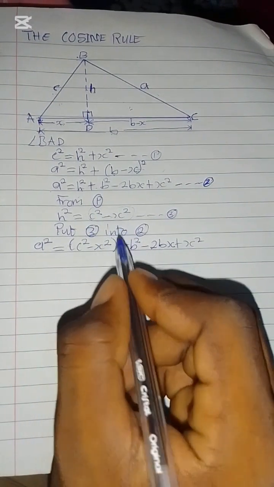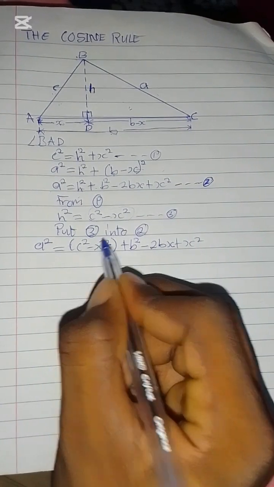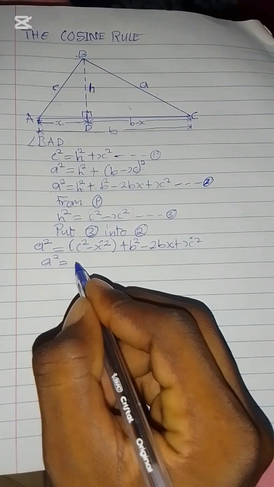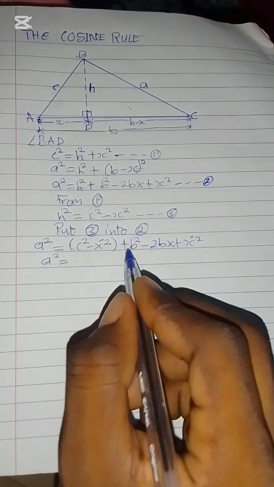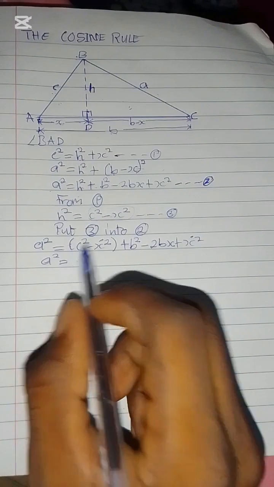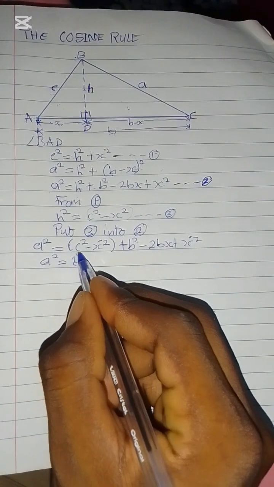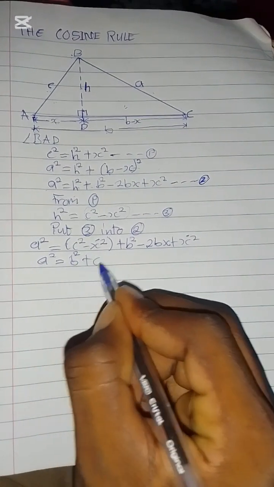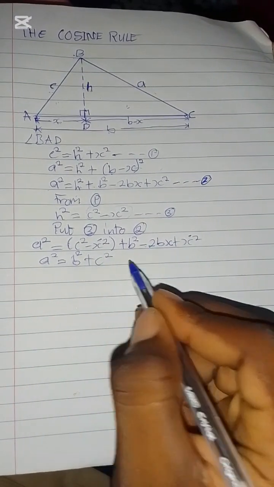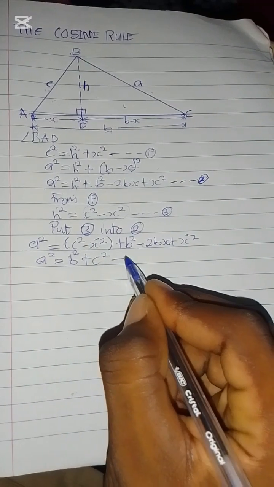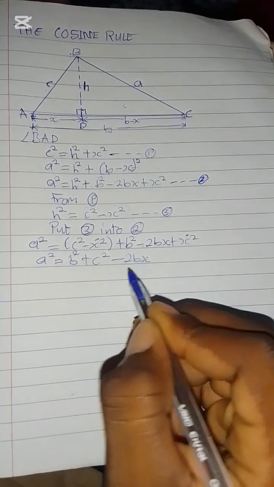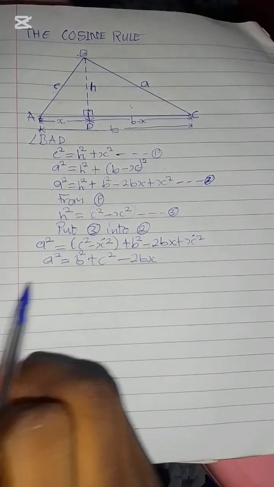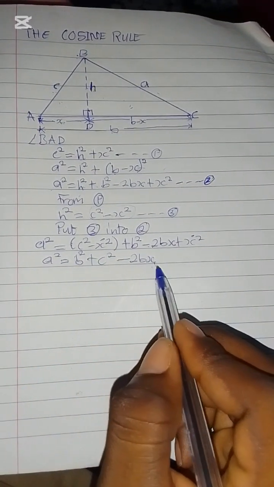So this x squared will take care of this x squared. Since it's addition, there's no negative sign that will affect it. Let me arrange it: a squared equals b squared plus c squared minus 2bx. I'll call this equation 4. This will be our value for now, but we have not arrived at the cosine rule yet.